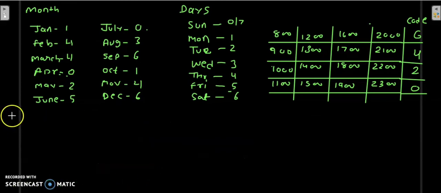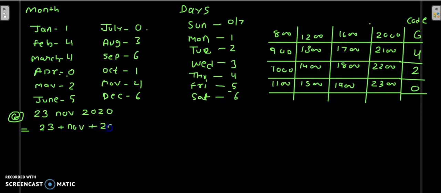Now one more example, the present date, 23 November 2020. So how to split? We'll split 23 plus November plus 2000 plus 20 plus number of leap years.